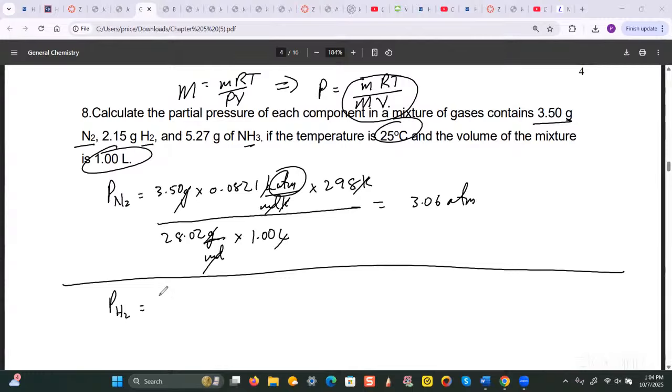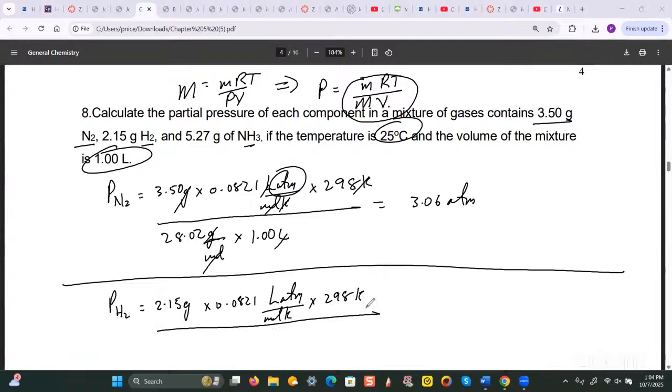Okay, so the mass of the hydrogen is 2.15 grams multiplied by 0.0821 liters atmospheres over mole Kelvin times the temperature, which is 298 Kelvin, all divided by the molar mass of hydrogen, which is 2 times 1.008, so that would be 2.016 grams per mole, multiplied by 1.00 liter.